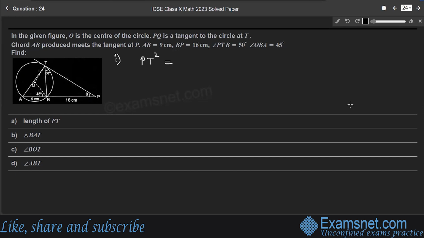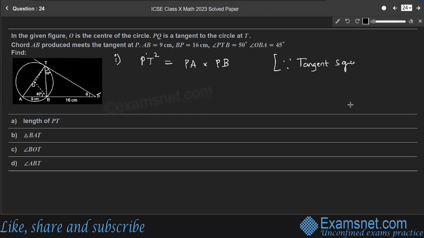The whole secant segment is PA and its external segment is PB. Therefore, PT square is PA into PB, by the tangent square theorem.